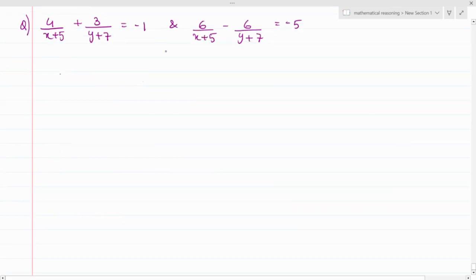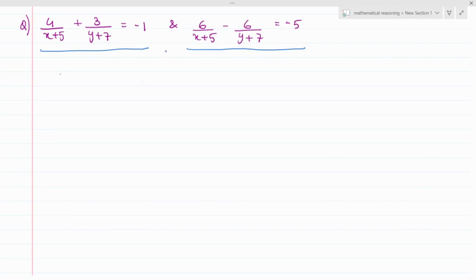In this question, two equations are given to you and you need to solve them using Cramer's rule. So first, let's frame a linear equation using the substitution method. Assume 1/(x+5) as some variable p and 1/(y+7) as some variable q.